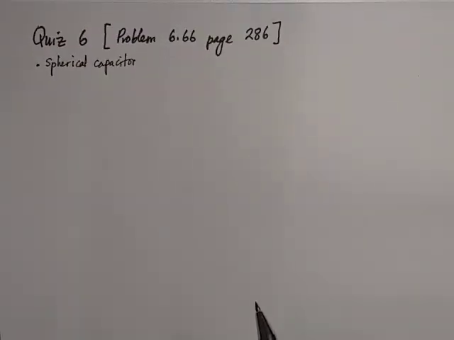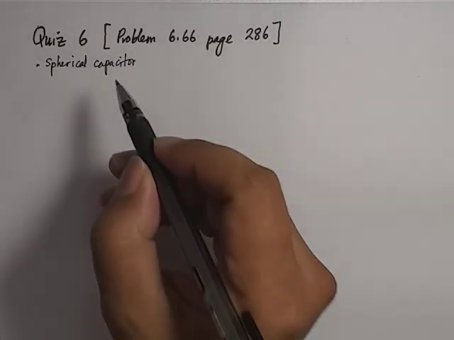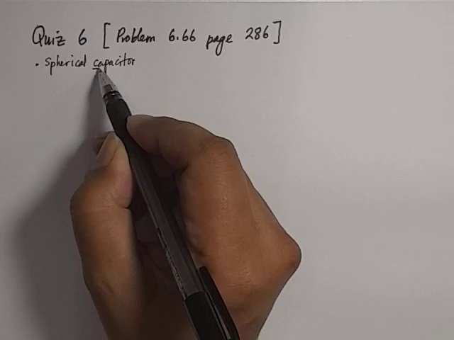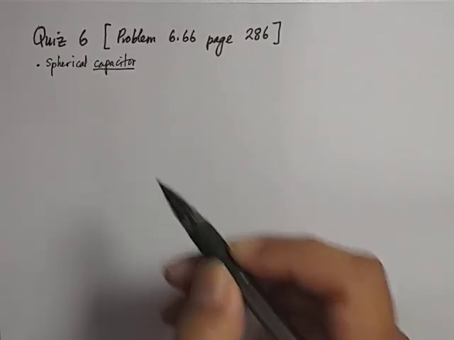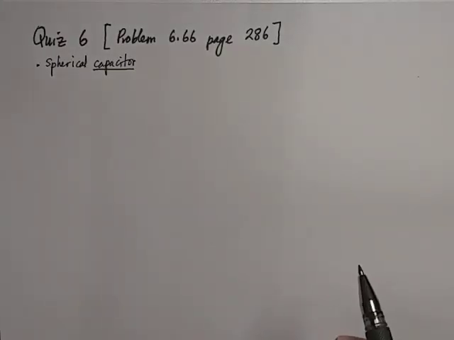When we talk about a capacitor in general, as defined in my lecture, a capacitor should consist of two conductors being isolated by a medium known as dielectric. That should be our capacitor.